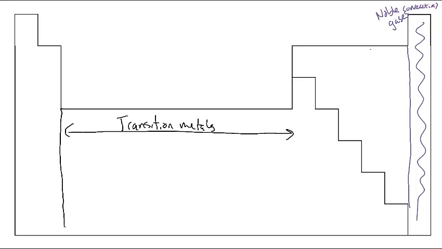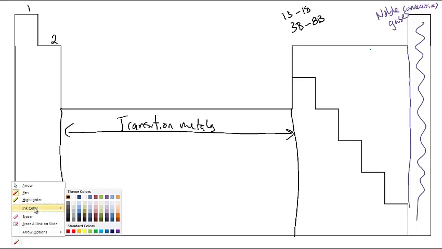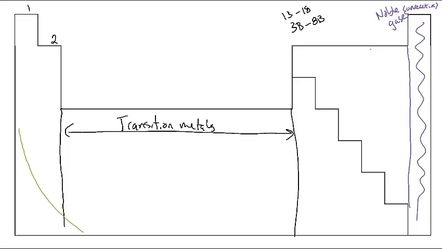Everything from column 1 to 2, and you'll see this is called 3B through 8B. You also might see it 13 to 18. Those follow the trends pretty well, but the transition metals don't follow necessarily the trends that we're going to talk about. We'll find later on that these are our most reactive metals, not most reactive, most reactive.